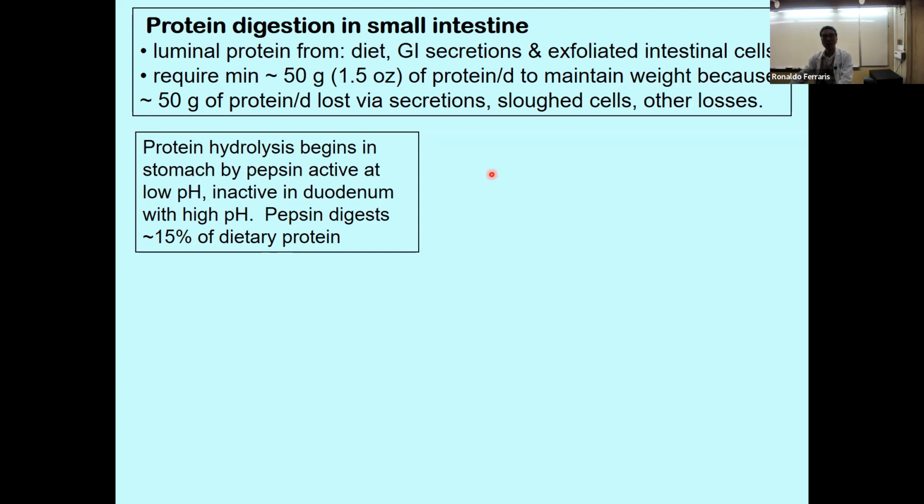So okay, luminal protein. We get our protein from the steak that you're going to eat. Because you now know a lot of GI physiology, you will be celebrating together with sushi. If you were to not have any protein, you can barely survive.